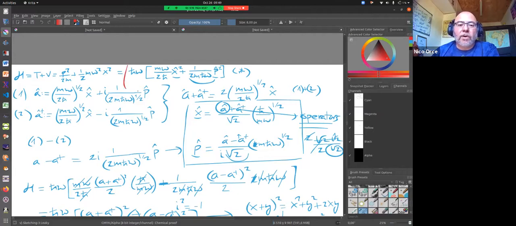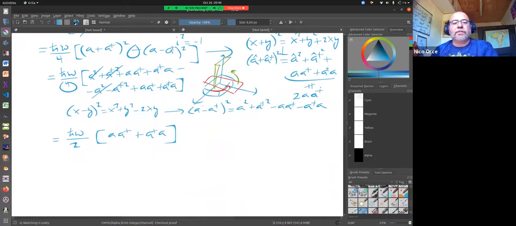And this is the beauty of second quantization, right? Because now we have another property, a concept that you're going to investigate, which tells us that a a dagger is equal to 1, and this is for you to prove. This is for the bin, right?